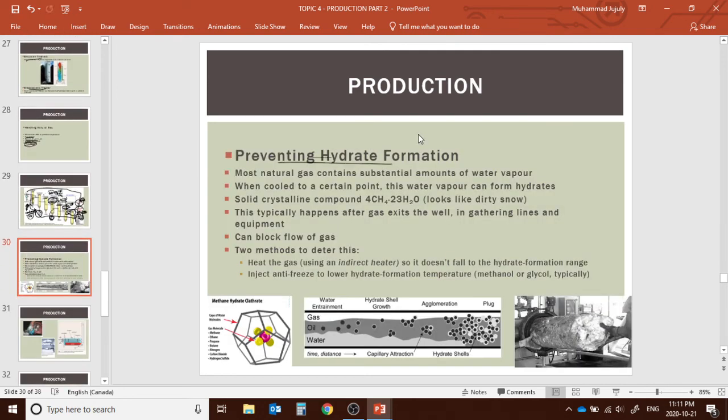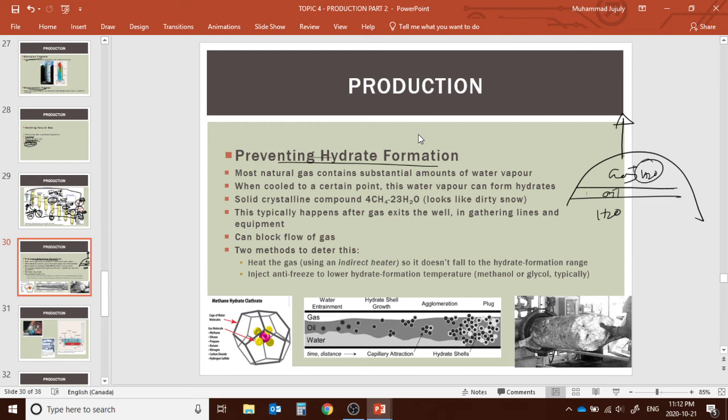Now, preventing hydrate formation. What happens in the reservoir: this is gas, natural gas, it has oil and you also have water. The natural gas in here is at very high pressure, right? We know that. When the natural gas comes out, it has a certain portion of water particles inside.